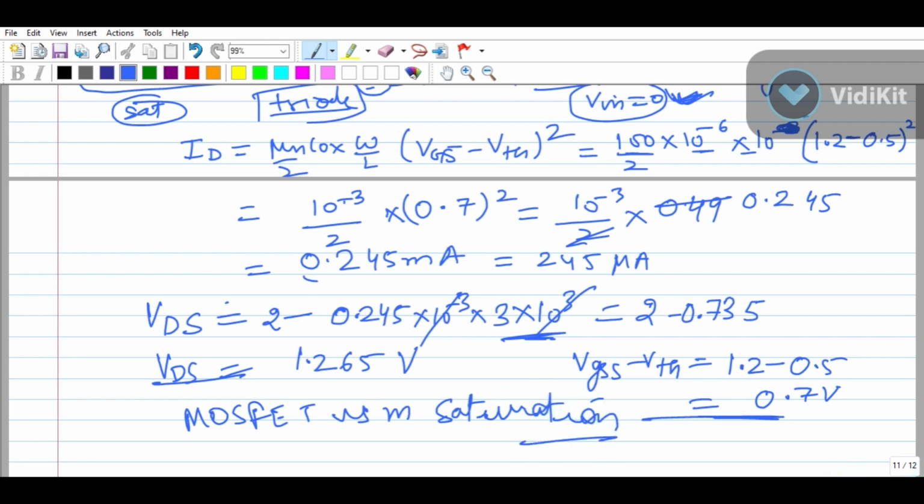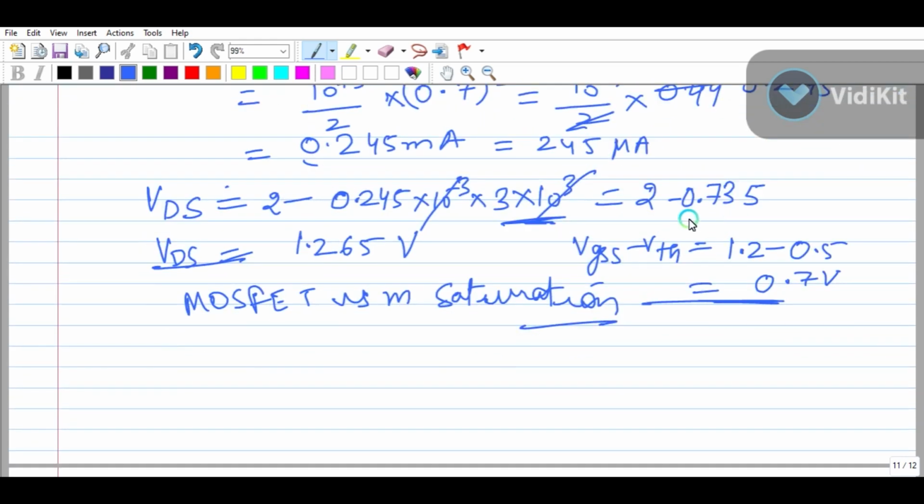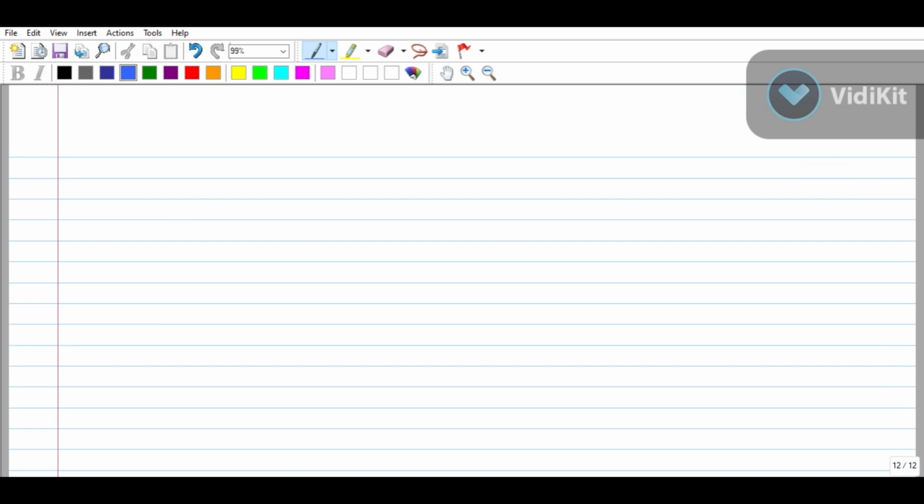Now let's calculate GM. GM is equal to 2ID over VGS minus VTH.